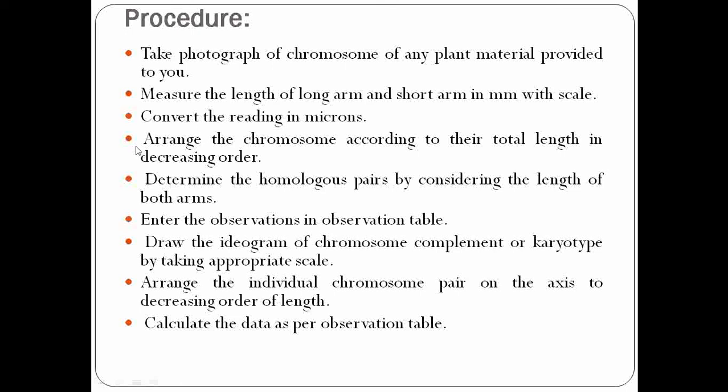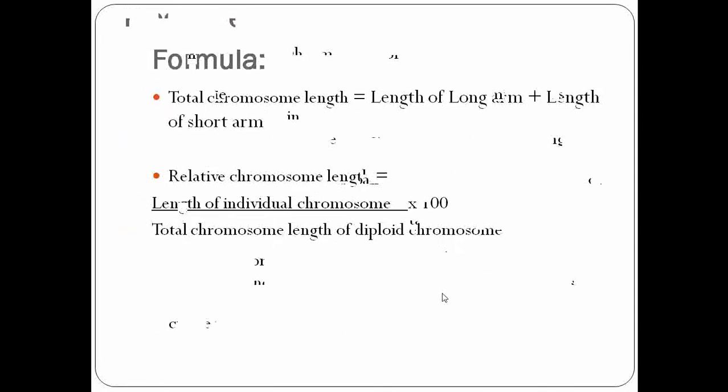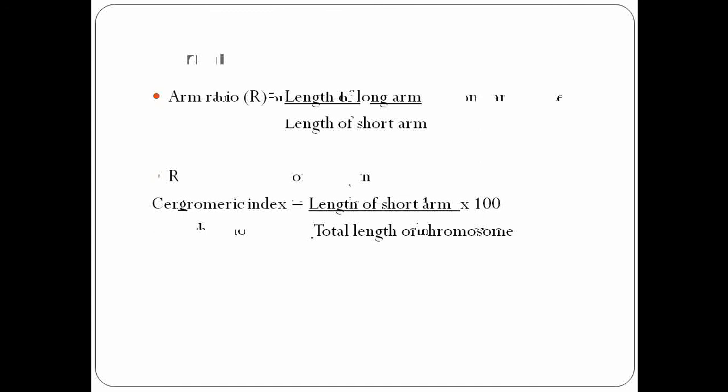Then on the basis of your observation table, you draw the ideogram of the chromosome complement or karyotype by taking an appropriate scale. Then you arrange the individual chromosomes in pairs on the axis according to their decreasing order of length. Then you calculate the data as per your observation table. First we see the observation table, then we move towards the formula.